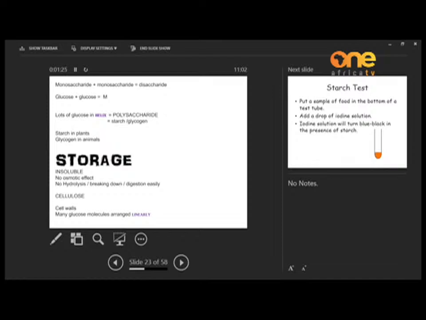Monosaccharides and disaccharides quickly dissolve in water. But a polysaccharide, starch, will not dissolve in water. So, in which one will I store something? In something that quickly dissolves, or in something that cannot dissolve? Something that cannot dissolve. Okay, so I use the polysaccharide as a storage molecule.